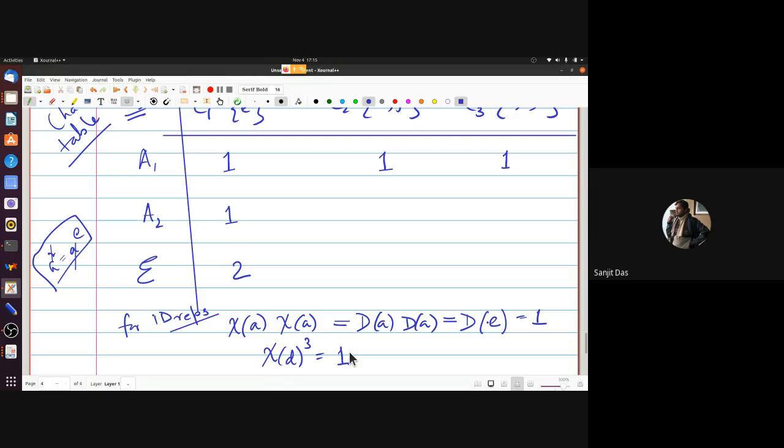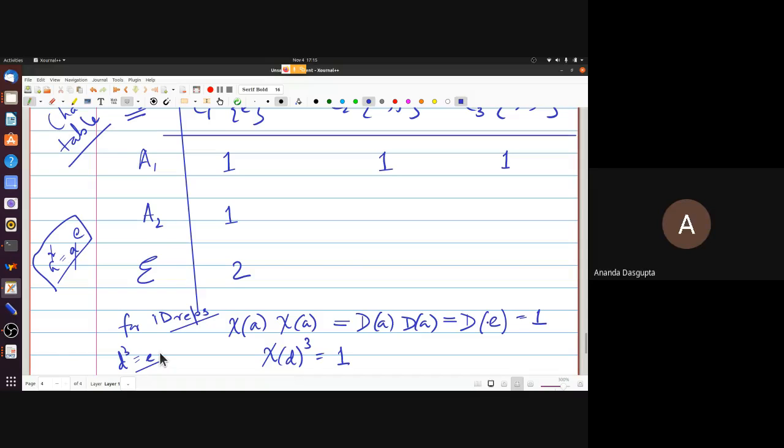Again, this is true only for the 1D representations, because D cube is E. D is an order 3 element: A, B, C have order 2, D and F have order 3. So chi-D is one of the 3 cube roots of identity, right?